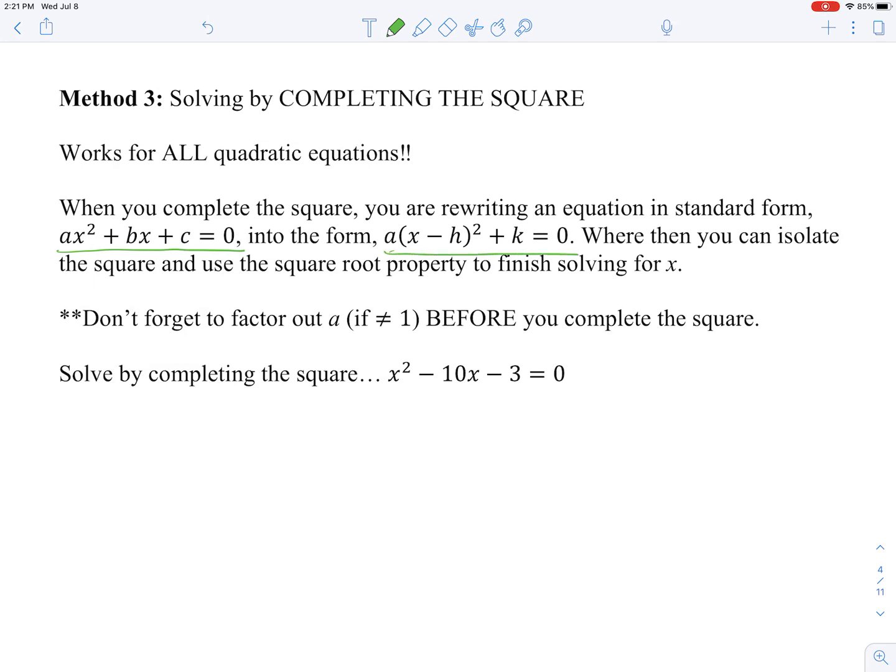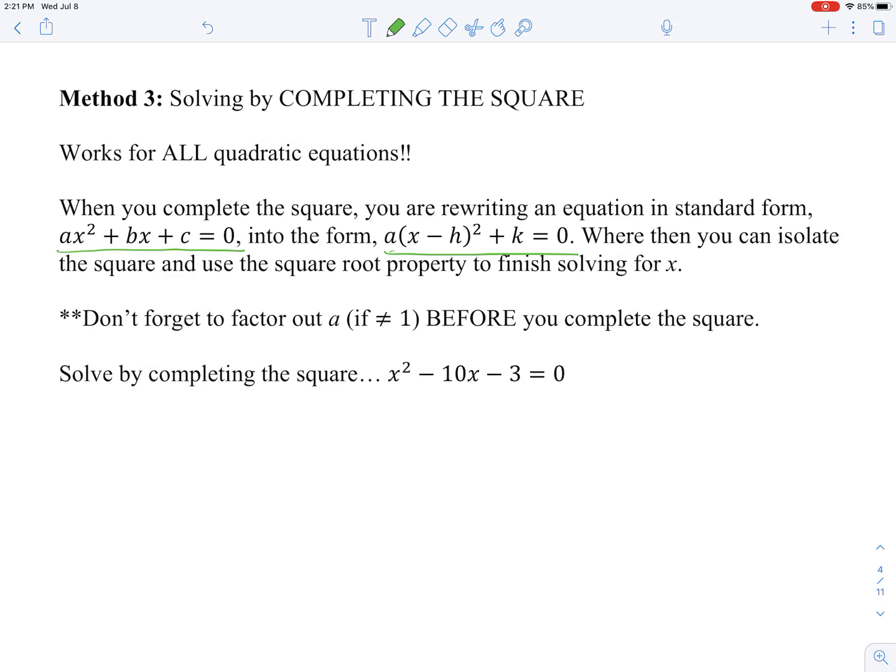So when you complete the square, you're rewriting an equation that's in standard form. Remember, standard form is this, ax squared plus bx plus c equals 0, into this form: a times the quantity x minus h squared plus k equals 0. From studying quadratics before, you've studied quadratic equations and quadratic functions.